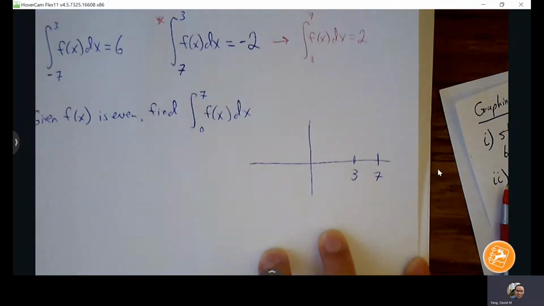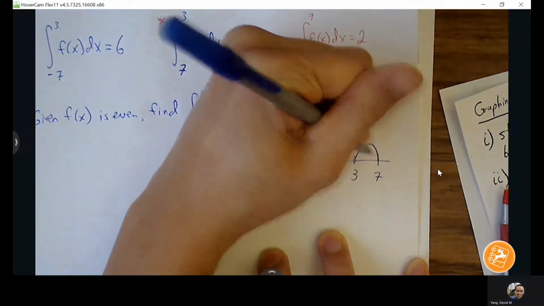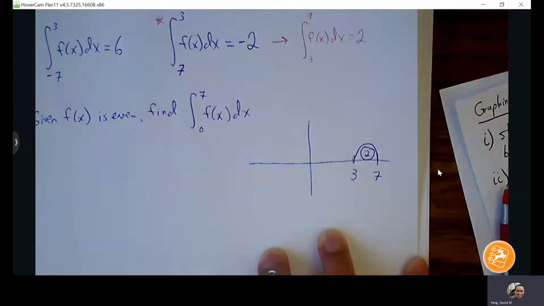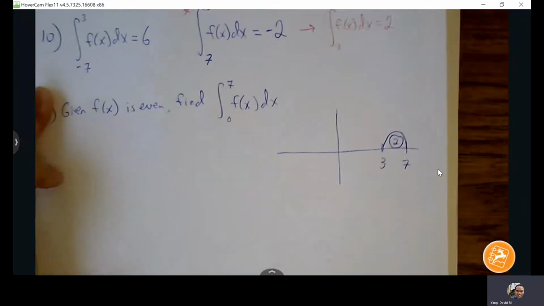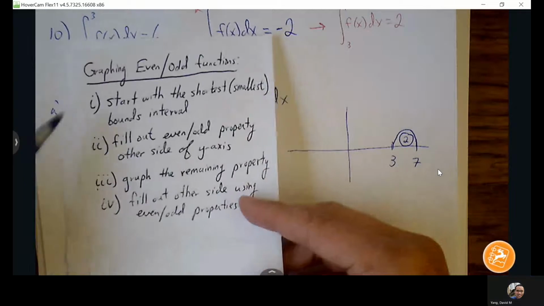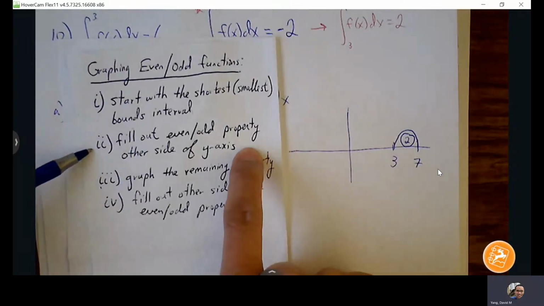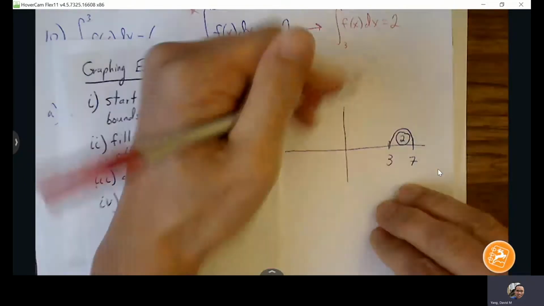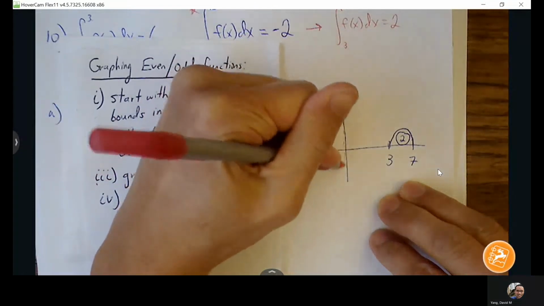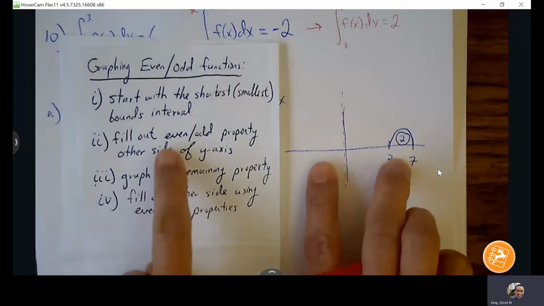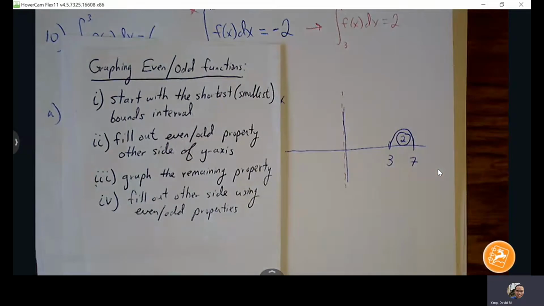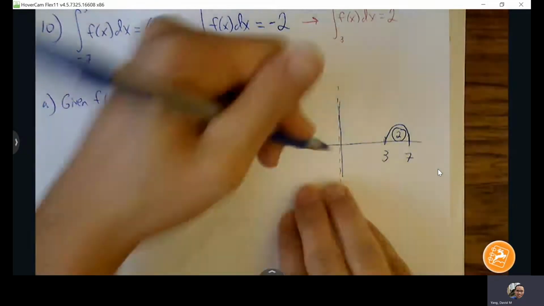From 3 to 7, we want the graph to show 2, so it's above the x-axis. As soon as we have something down on paper, we've got to put it on that other side, right? It's an even function. What can I put on the other side? Also positive 2, right? Even function. We want the property that is mirror image.